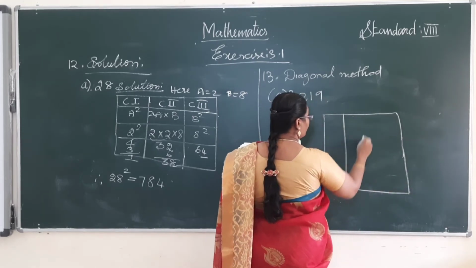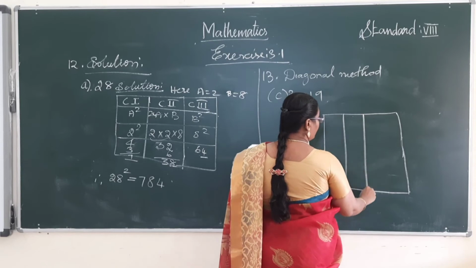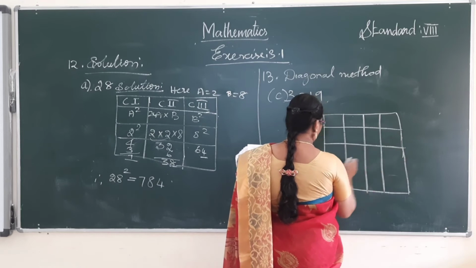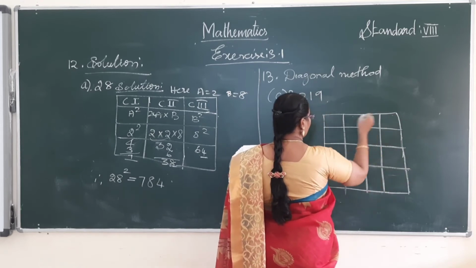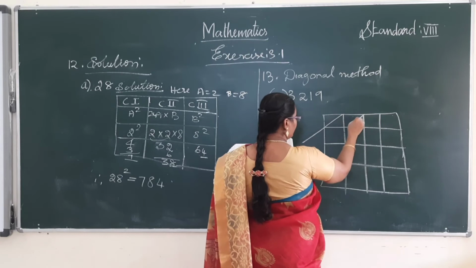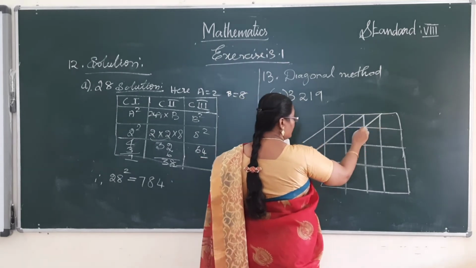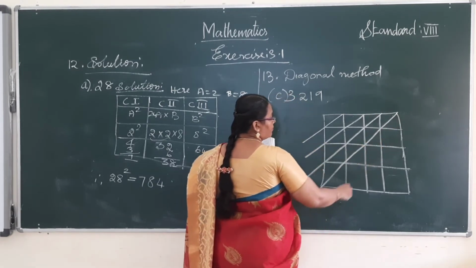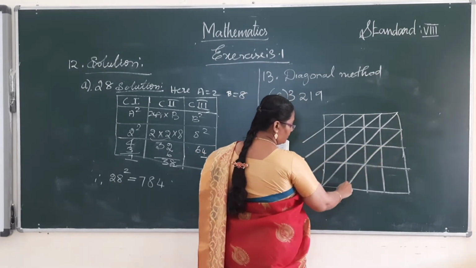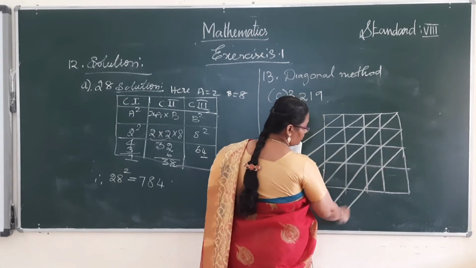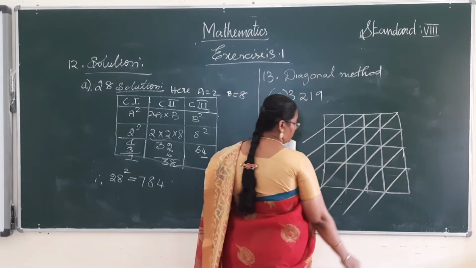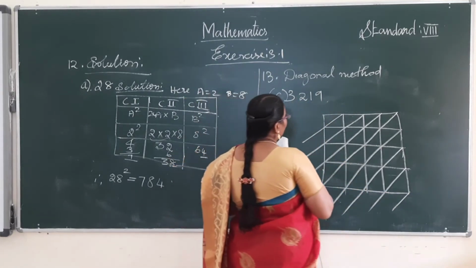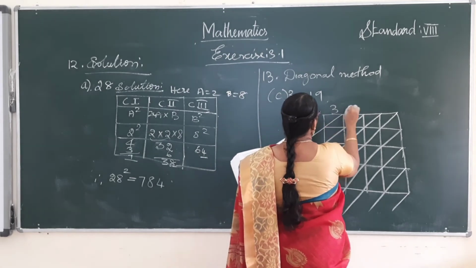Okay, diagonal method. Okay, write the numbers 3219.